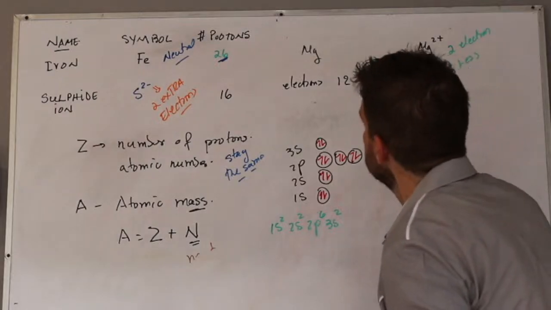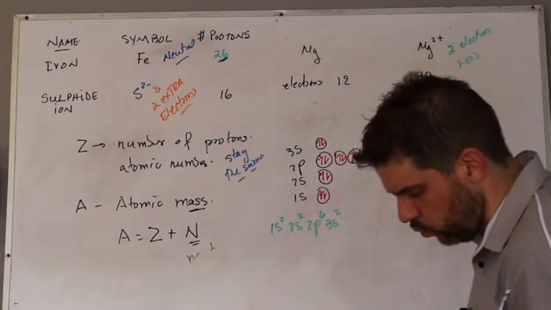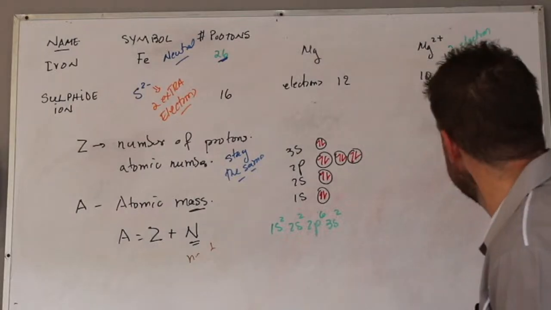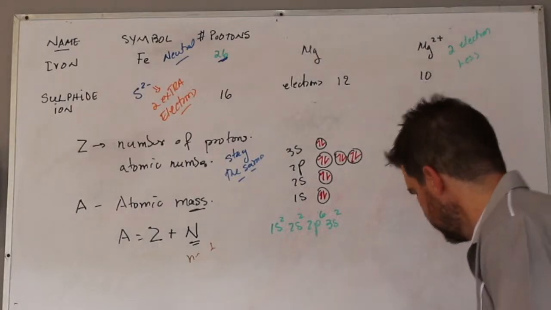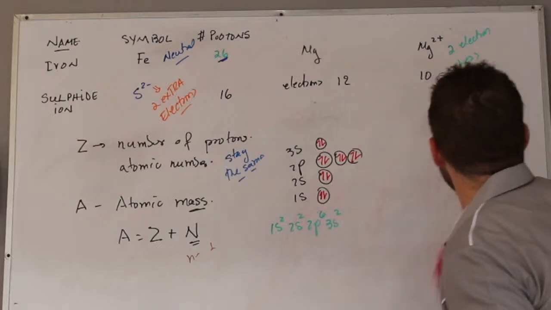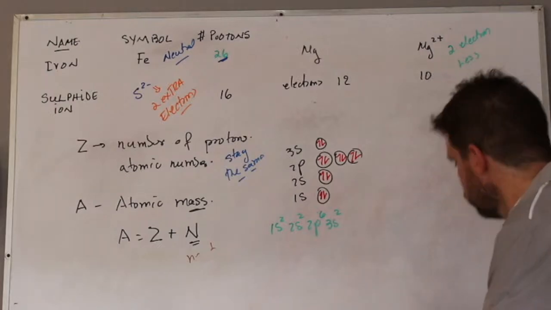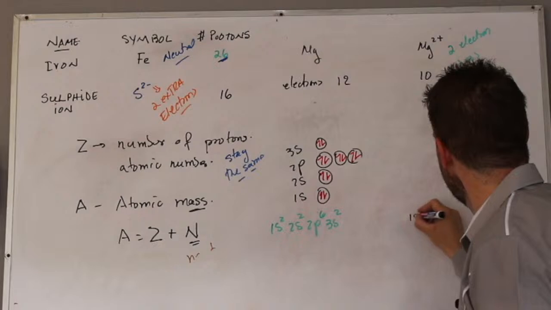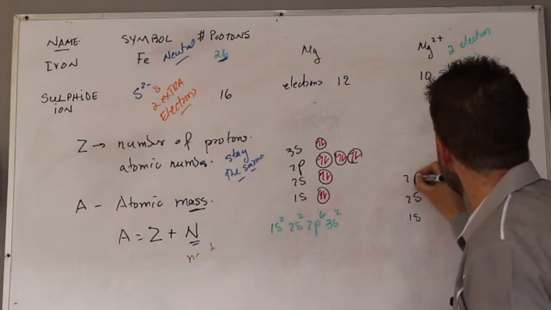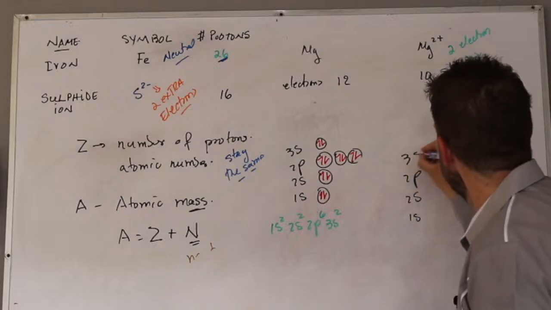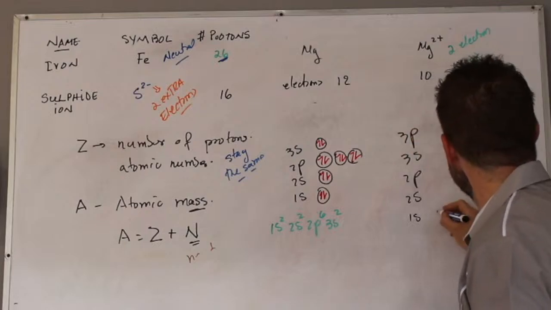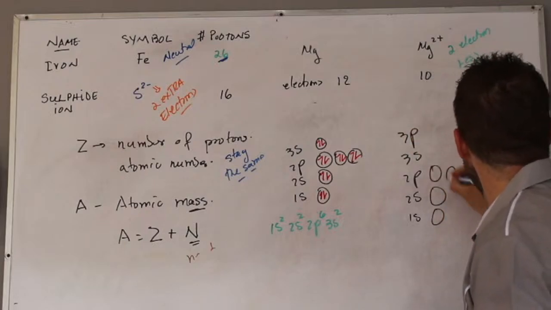So sulfide ion was 18. My mistake, remember? So let me just erase, clean this one. Think if there's any question, guys, before I do this one. So sulfide ion is 1s, 2s, 2p, 3s, 3p. I don't remember if it ends there.